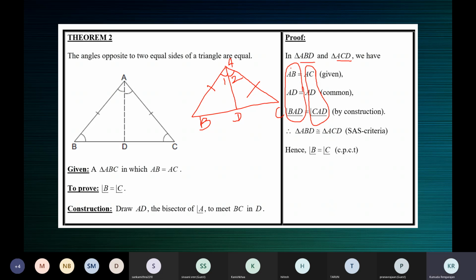You must mention parts of the first triangle equal to the corresponding parts of the second triangle. Write three pairs of equalities satisfying any one of the 5 congruence conditions. So far we have come across only SAS, so this one is using SAS.